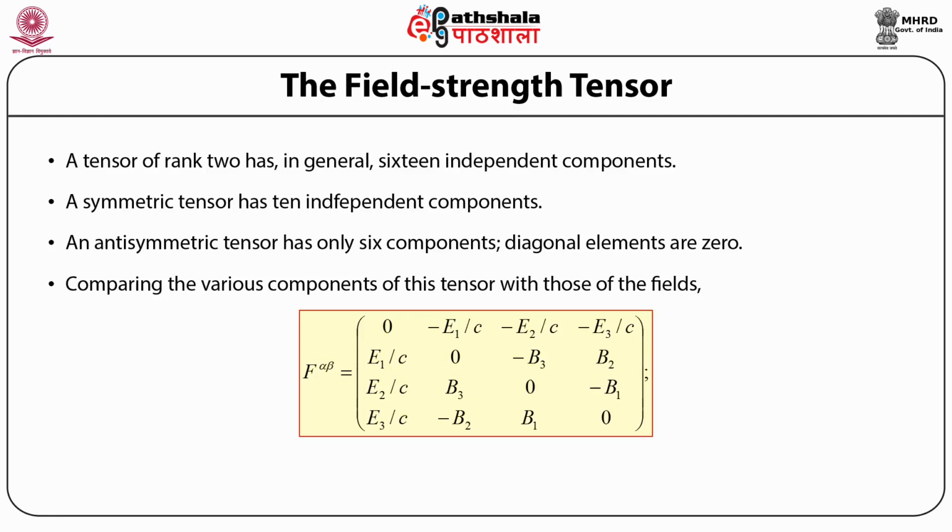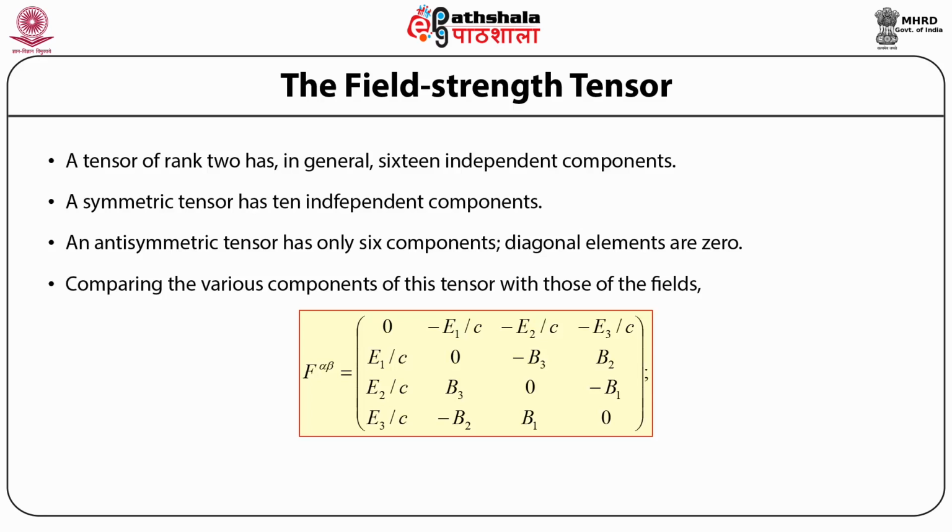Now if we want to write down the covariant form of this field strength tensor, then using the transformation equation that we have discussed earlier, to go from the contravariant form to the covariant form using the metric tensor, we have F subscript alpha beta is equal to G subscript alpha gamma, F superscript gamma delta, G subscript delta beta.